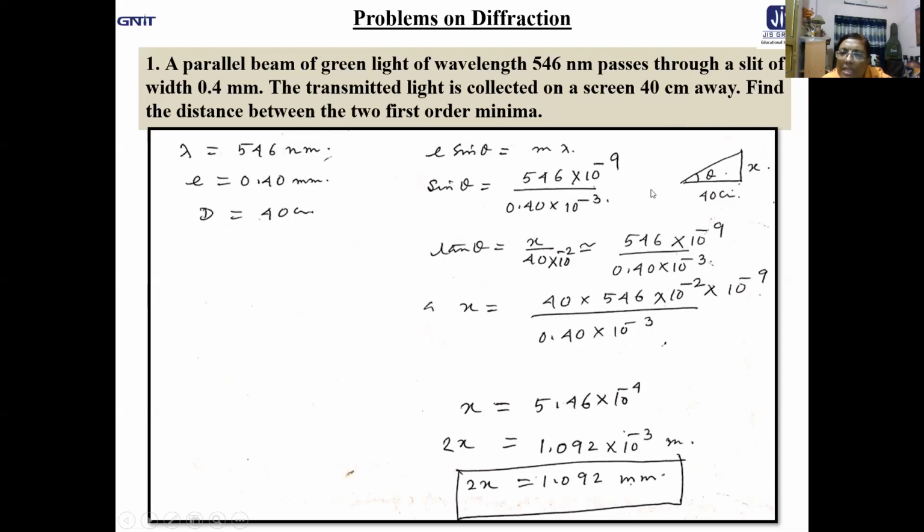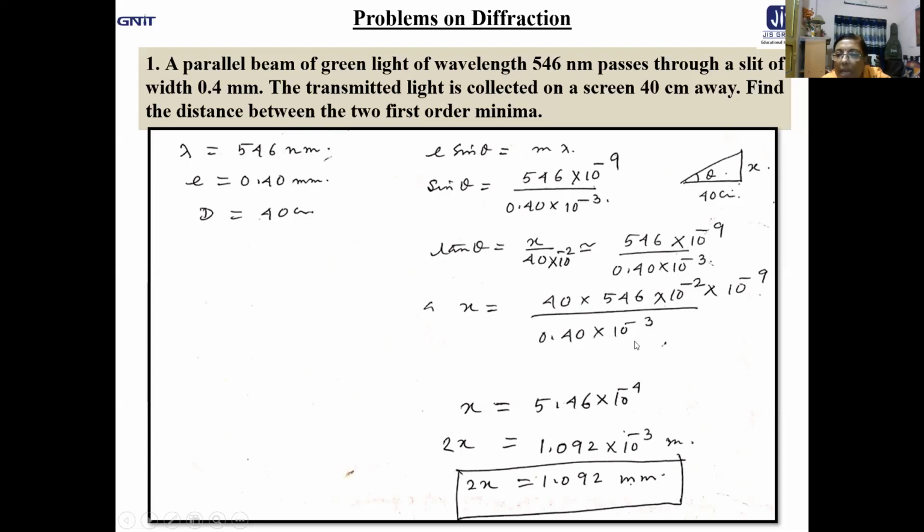Now, from this expression, it is very clear that theta is very small, because 10 to the power minus 6 is coming. So, in that limit, tan theta nearly equal to theta equal to sin theta. So, tan theta equal to x by 40, it is in meter, then equal to sin theta.